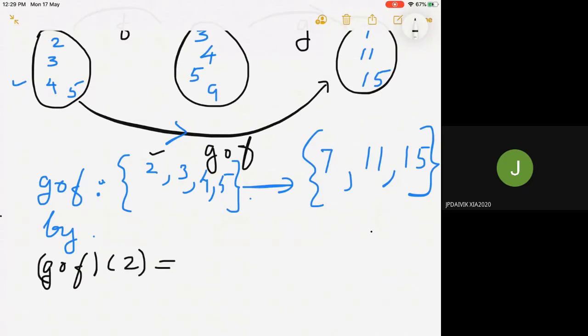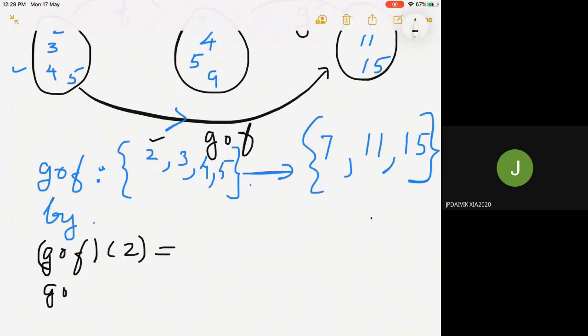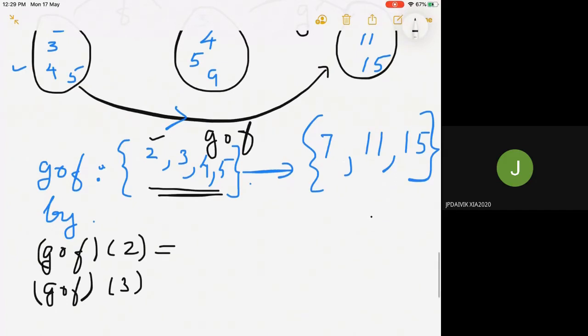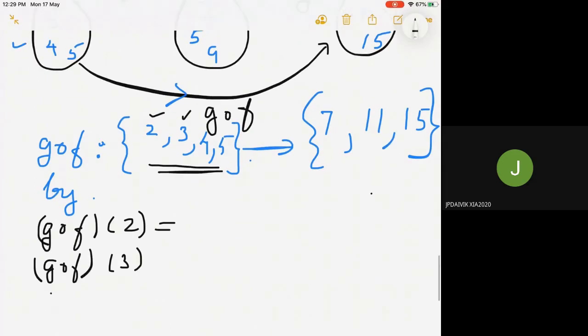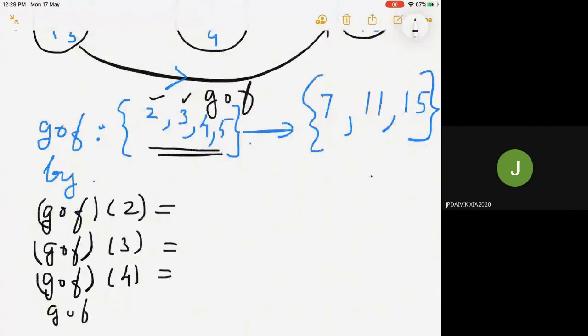Then you have to find g dot f of 3 because every element of the domain will have an image, unique image in the codomain. So g dot f of 3 is the second element. Similarly, g dot f of 4 also you have to find out, and g dot f of 5 also you have to find out.